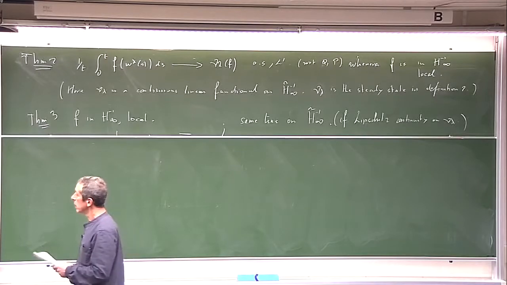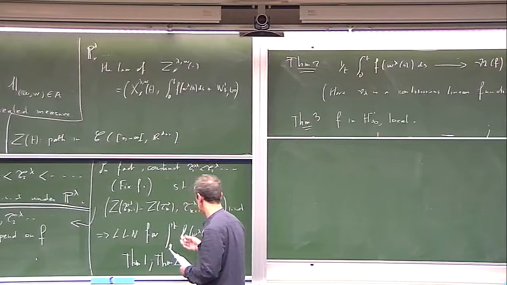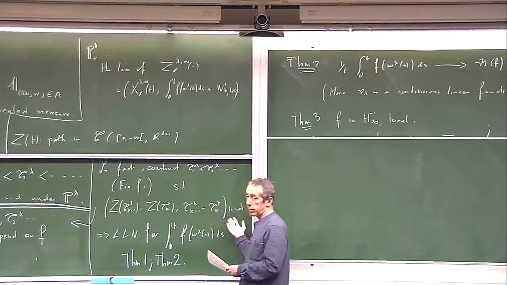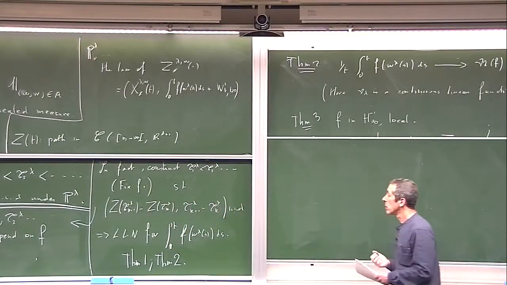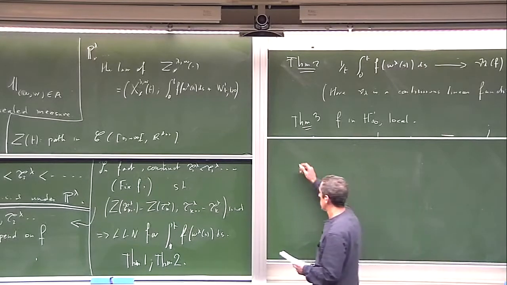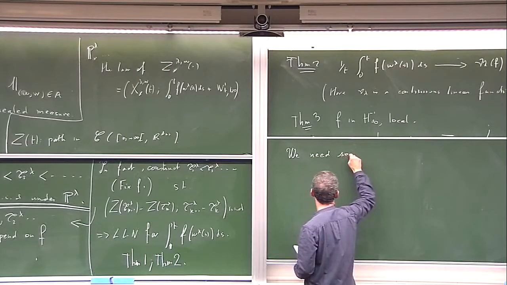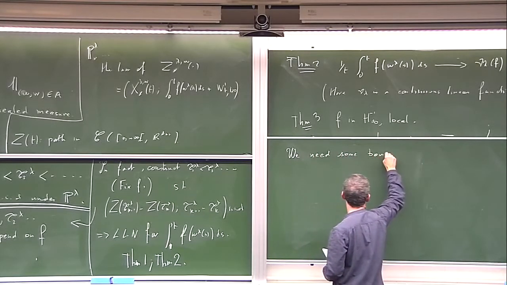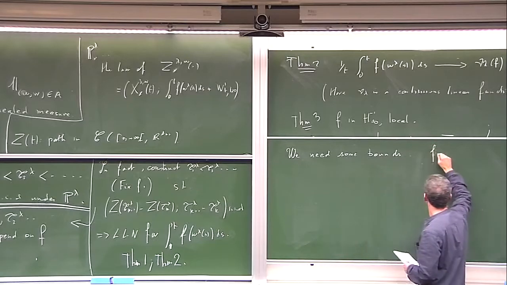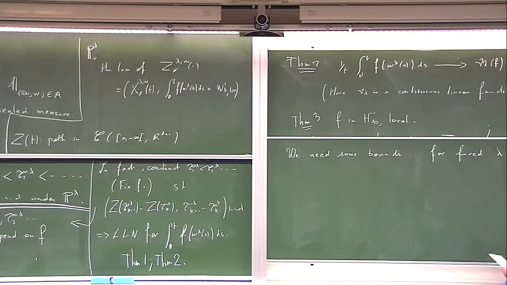So we need bounds on the regeneration times for two things. First, to fully justify the law of large numbers from the fact that we have random variables, but that's a problem for a fixed lambda. So we need some bounds for fixed lambda.